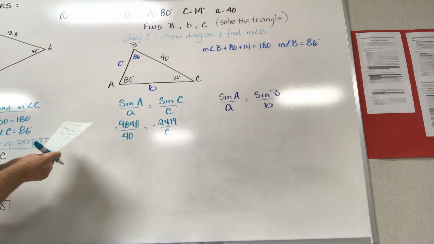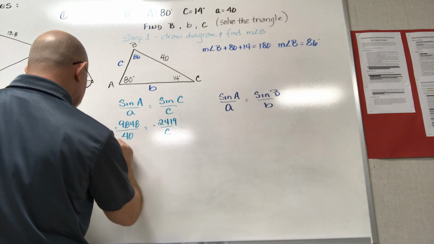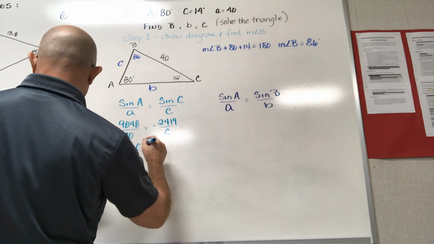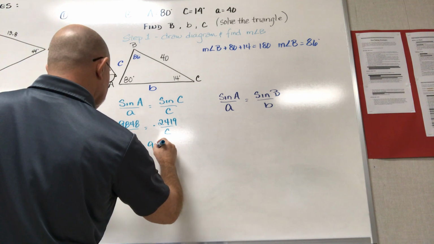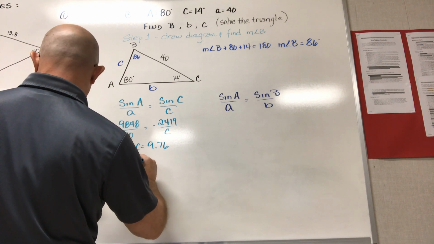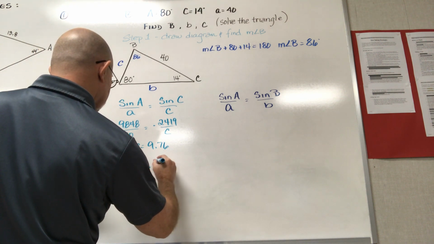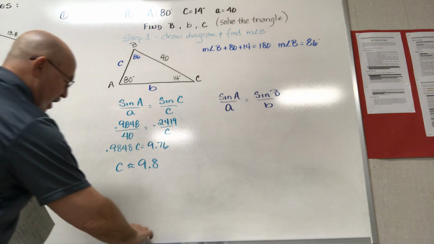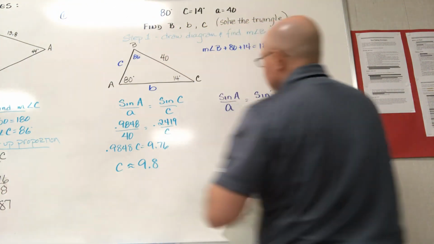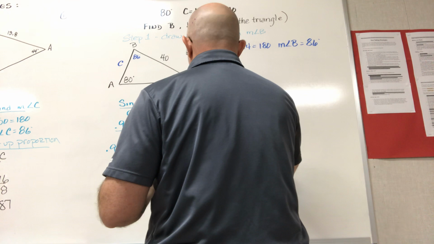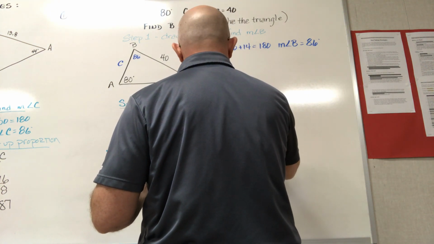Cross multiply. Divide. So we're good there. And we're going to do the same thing over here. It's just like two separate problems. We've already got most of the numbers.